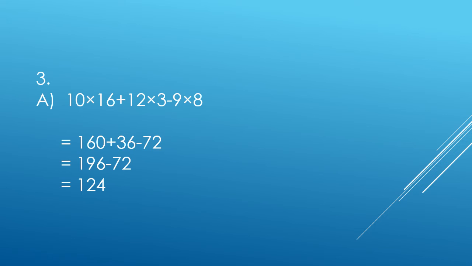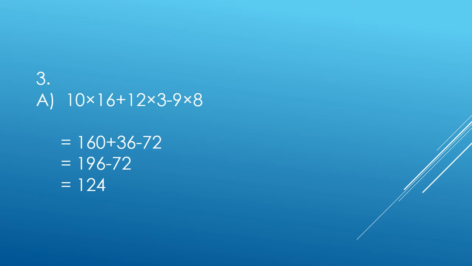So the question is 10 times 16 plus 12 times 3 minus 9 times 8, or you can say 10 multiplied by 16 plus 12 multiplied by 3 minus 9 multiplied by 8. Now we'll do the multiplication first.